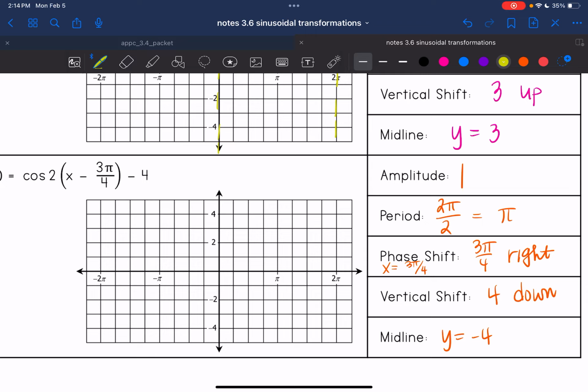Okay, so midline is at -4. So I'm going to do my dotted line all the way down at -4. That's midline. Since it has an amplitude of 1, its minimum can only go 1 below that, and its maximum can only go 1 above that.